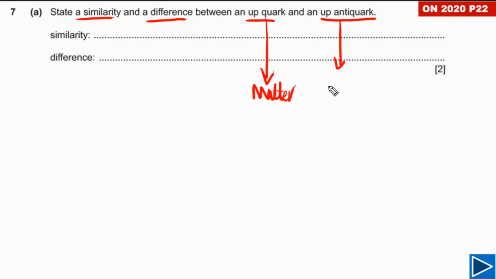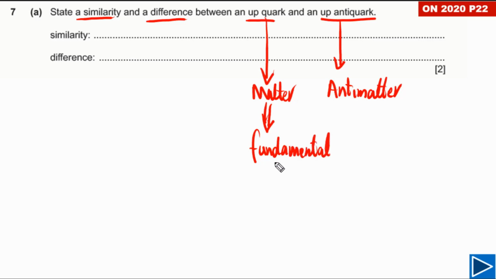So again we can write down the difference between these two is one is matter, the other one is antimatter. And what is similar between these two? These are fundamental particles. We can write down that quark is a fundamental particle and anti-quark is also a fundamental particle.